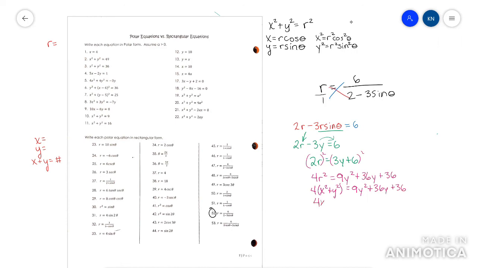Distribute. And then I'd probably make it equal to 0. So I'd be moving everything to the left. So I would have to minus 9y squared, for example. So you're going to end up with 4x squared minus 5y squared minus 36y minus 36 equals to 0.